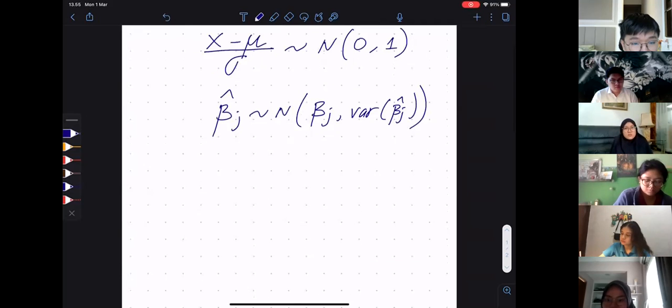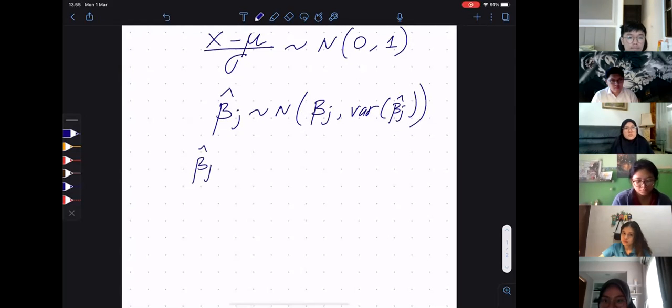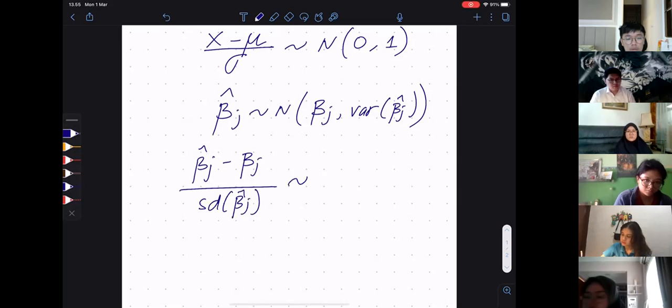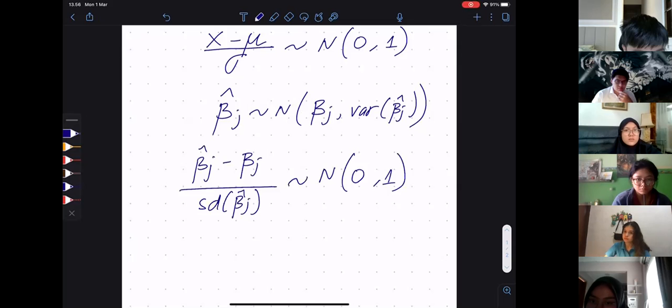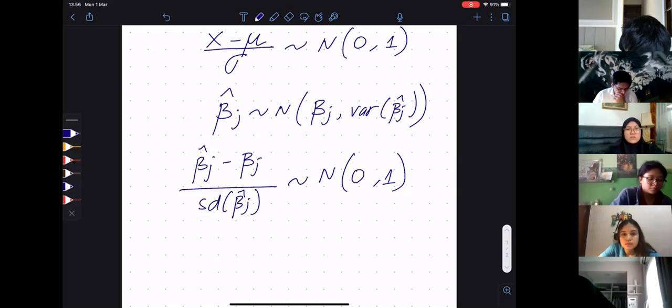And so if we do the standardization process, then beta hat j minus beta j divided by the standard deviation of beta hat j is going to follow a normal distribution with mean of 0 and variance of 1. So this is the statistical foundation that we need to do a hypothesis test.